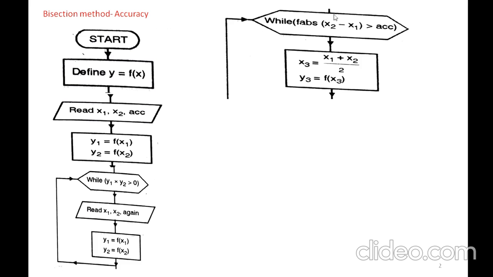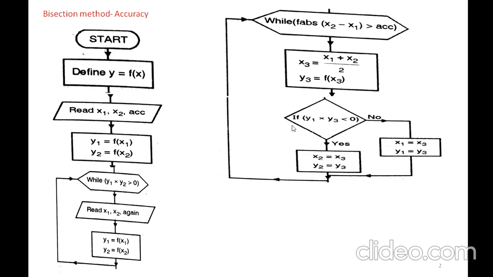But in case x2 minus x1 is greater than accuracy, then we will check the following condition. If y1 into y3 is less than 0 and this condition is true, then we will replace x2 by x3. Similarly, y2 will be replaced by y3.